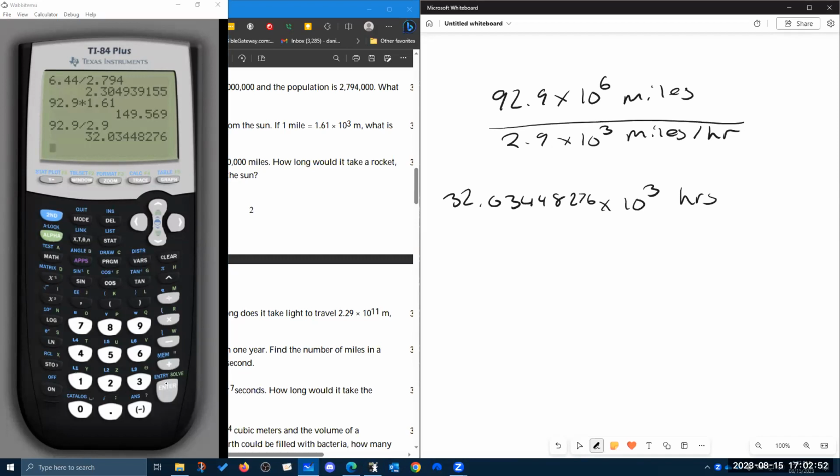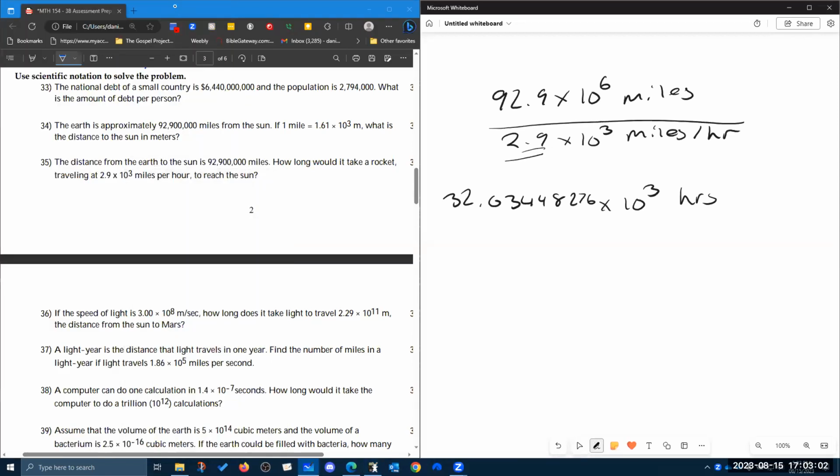This is hours, and we're going to make this into two significant figures because that's the smallest amount of significant figures that we had.